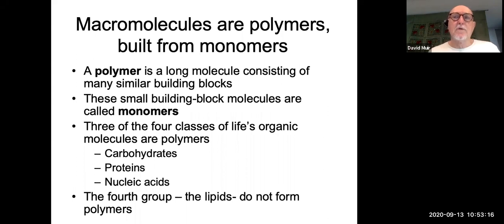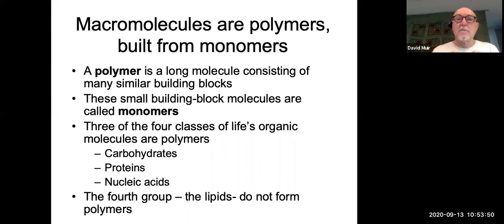So here is a word which you have probably heard before, but it has a strict definition that we need to understand. And that is, macromolecules are most often, not all the time, in 3 of the 4 classes that we are going to talk about, they are very, very commonly polymers. And that is, they are very big molecules which are made of repeating smaller molecules.